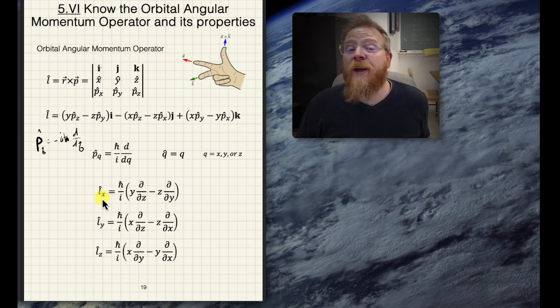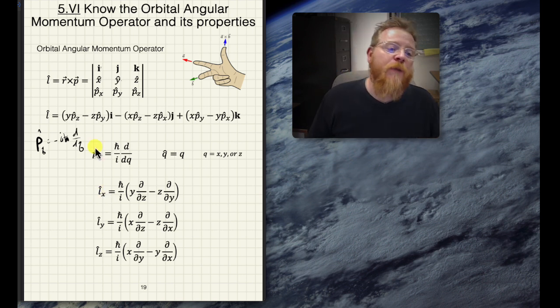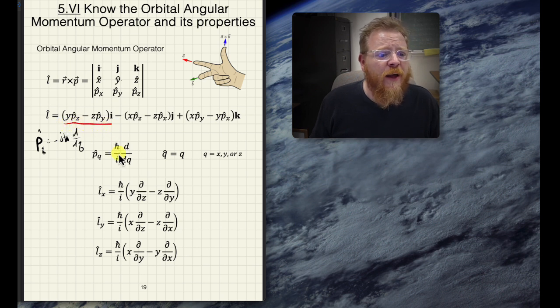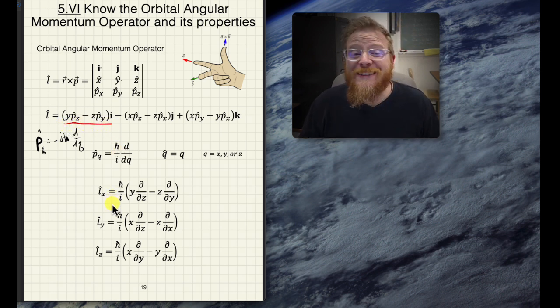So what we can also do from here is separate out the individual components of the vector in the x, y, or z dimension. For example, if I underline this right here, we can see that will give us the Lx operator. If we factor out h bar over i from that expression, we have y d/dz minus z d/dy.